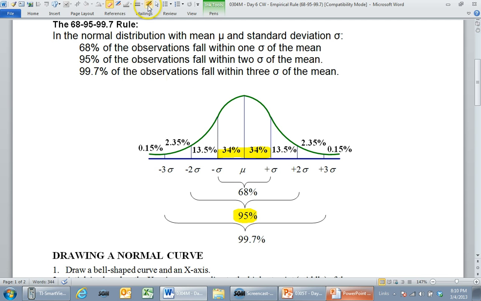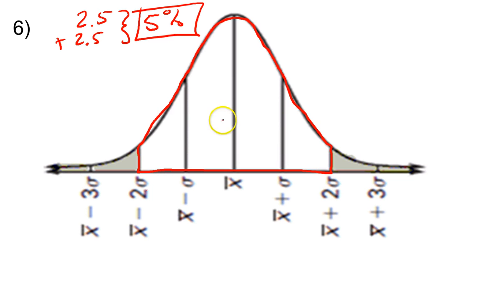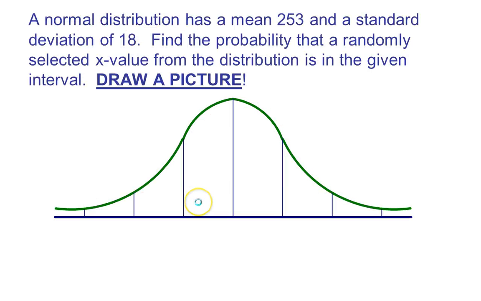That's going to be our 95%. From here to here is our 95%. So this white area here is 95%. Since the whole thing is 100%, the remaining shaded area has to be the extra 5%. So either way, you're going to get 5%. Moving on.